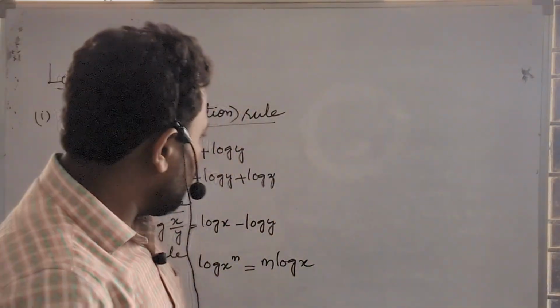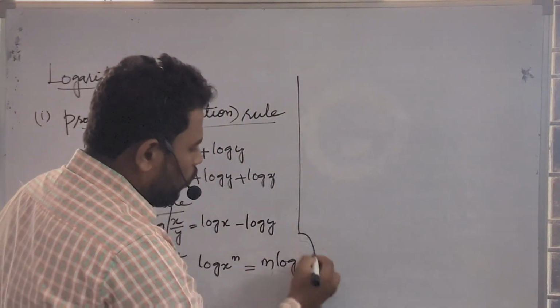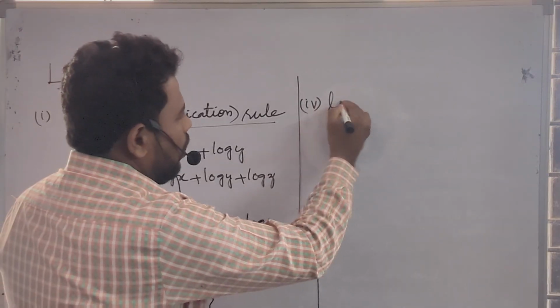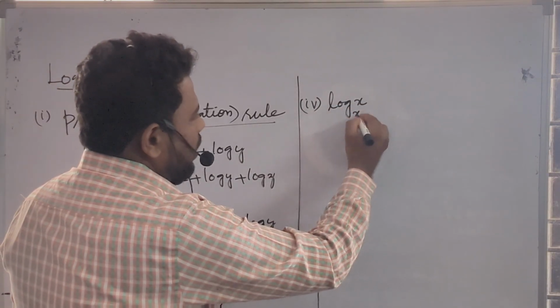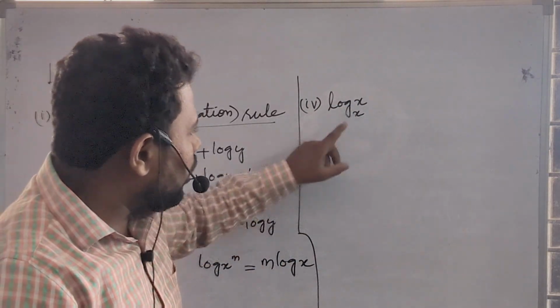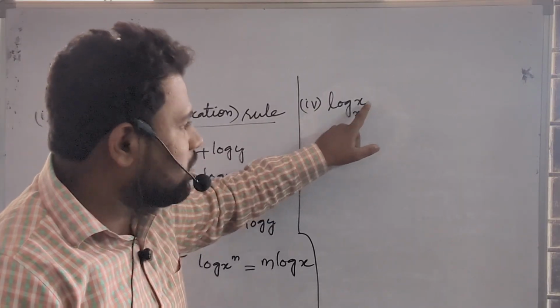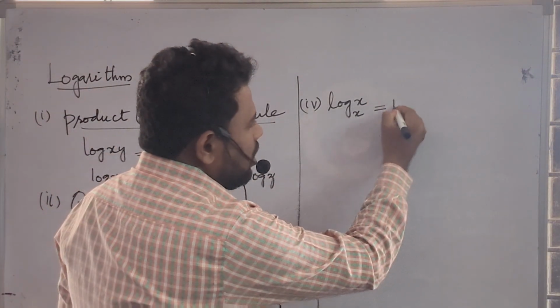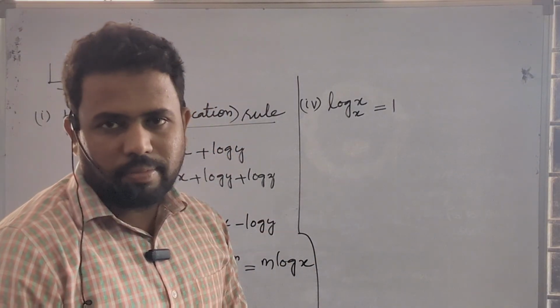If we move forward, we can study a few more rules. See here, log x to the base x. Now, if you observe carefully, log x base x means these 2 values are exactly the same. If these 2 values are the same, the answer is equal to 1.